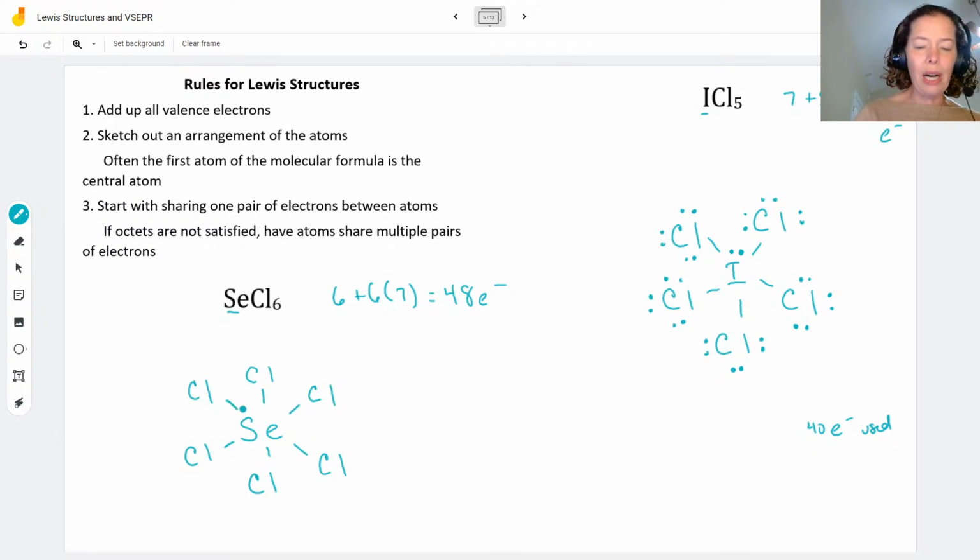6 single bonds around selenium. So definitely selenium has hit 8 electrons. Let's start adding electrons in.